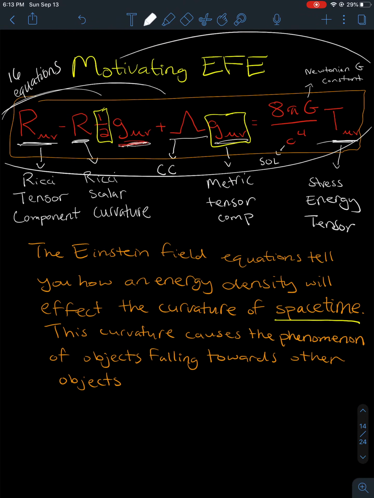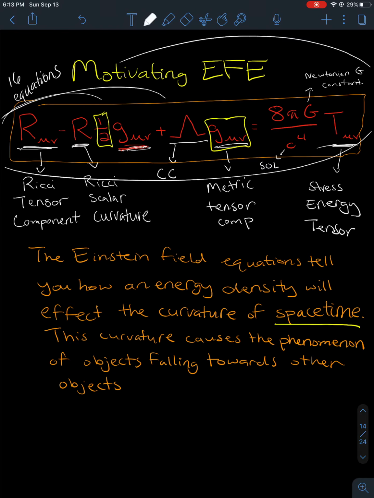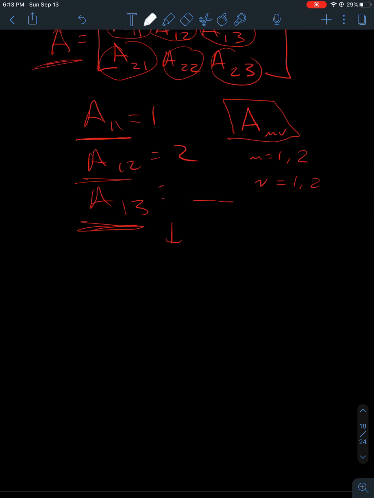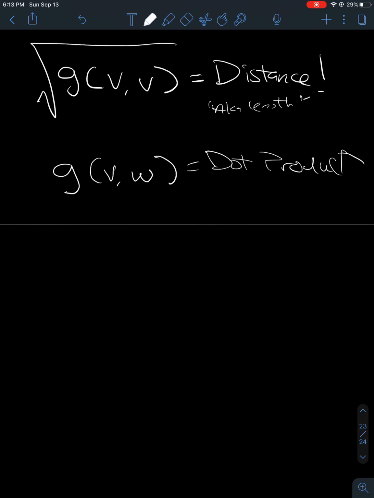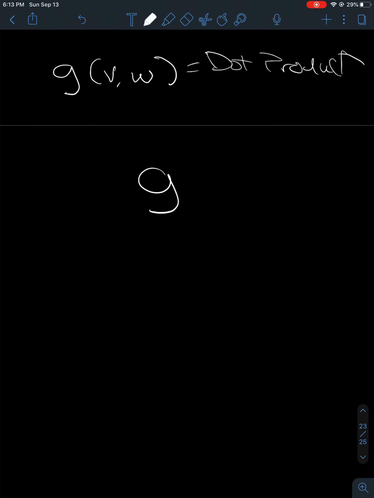Why is that? Because everything you see on the left side, besides these constants, this and this, depends on your metric tensor, G. It physically describes the geometry of your space.